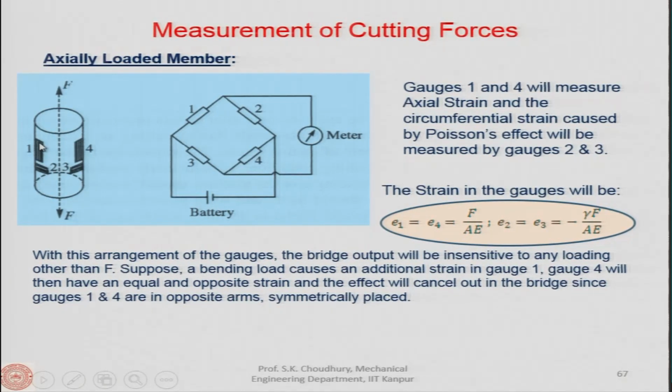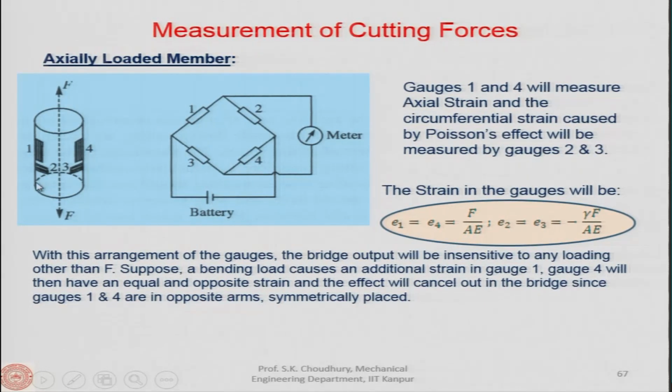Now, again it was said that suppose there is a bending load, or a load perpendicular to this, for example, which will try to bend this way. In that case, since 1 and 4 are in opposite arms, the additional strain of gauge 4, being located diametrically opposite to 1, will have an equal and opposite strain, and the effect will cancel out in the bridge.